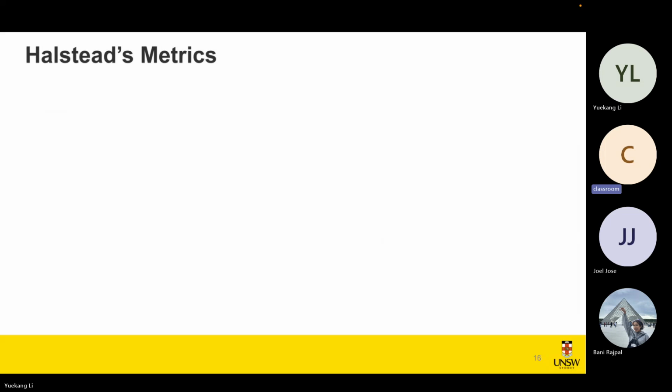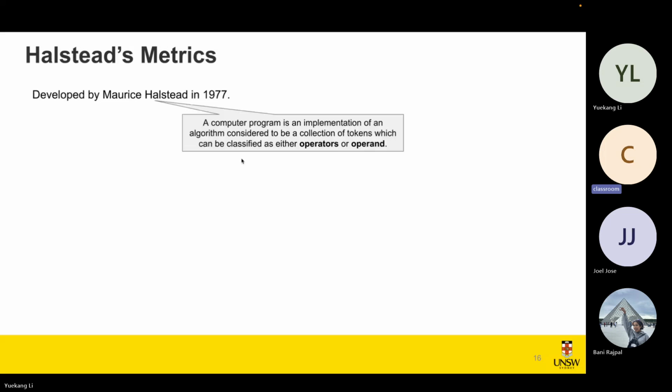The second metric we are going to learn here is called Halstead's metric. You can infer from the name that this is from a person's name. This one was developed by this guy in 1977. It's very old, but it is still used.